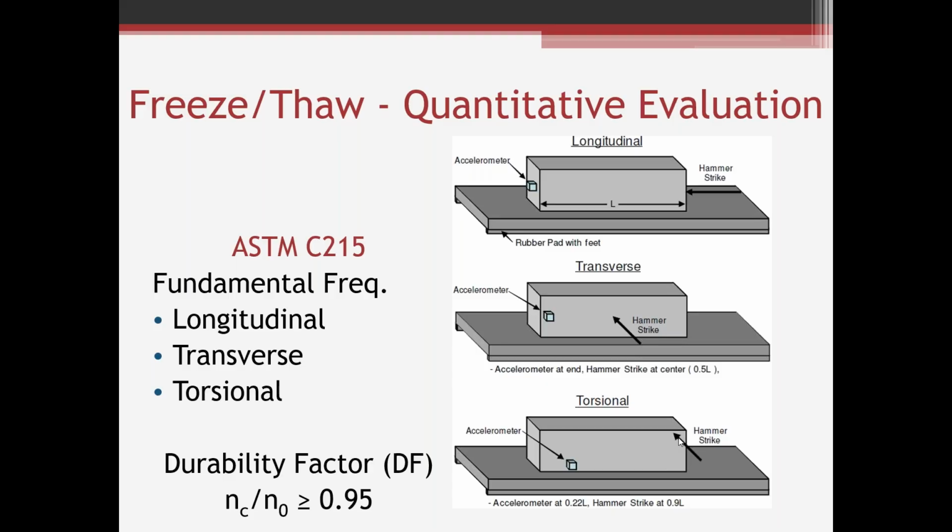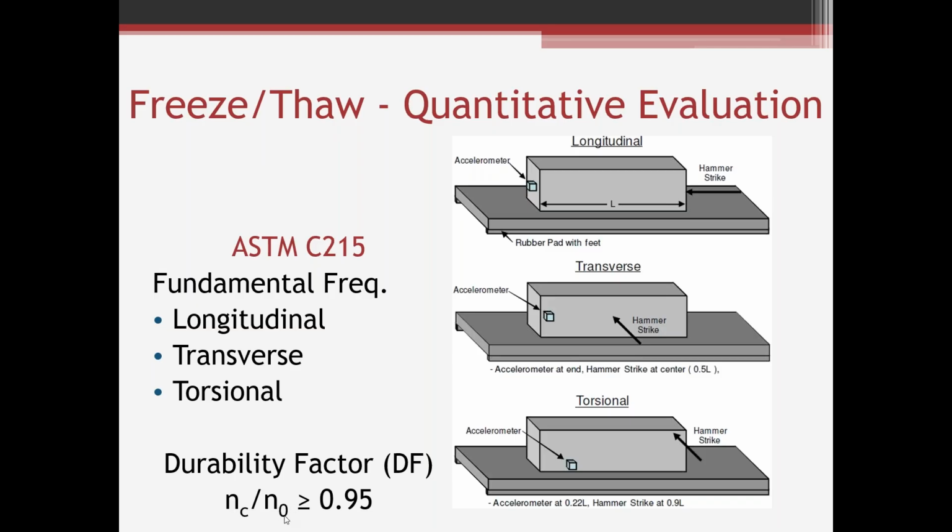motion. And how we evaluate it quantitatively is we do all these tests before we start any of the freeze thaw cycles. That gives us our N sub 0 value. That's our initial fundamental frequency at zero cycles.